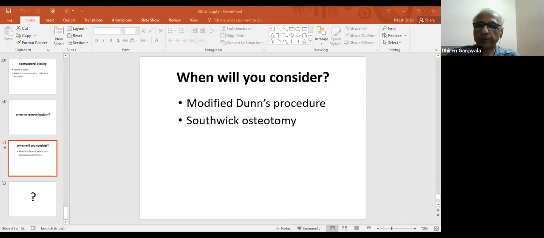Triplanar osteotomy. Yes, basically it's a triplanar compensatory osteotomy. So whatever angulation or displacement has taken place at the metaphyseal level, we try to carry out a similar deformity or the opposite deformity at the intertrochanteric level. That's a Southwick osteotomy.